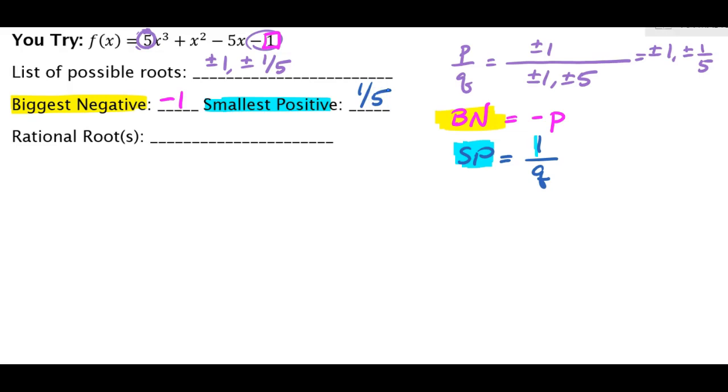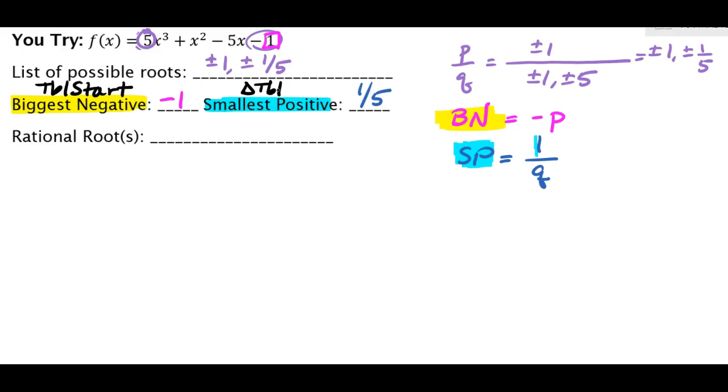That's all you need to know in order to use your calculator. The only other extra information that you might want to know is that your biggest negative is going to be your table start setting, and your smallest positive is going to be your delta table, which is the steps, like how far apart each of your table values are.